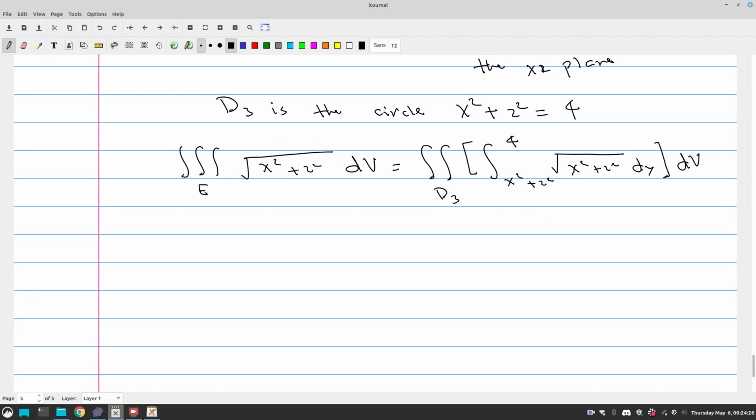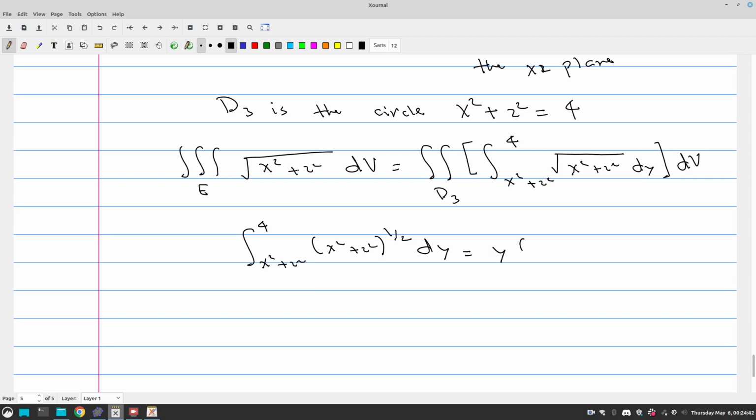Going from x squared plus z squared to 4, we have x squared plus z squared to the power of half, dy.